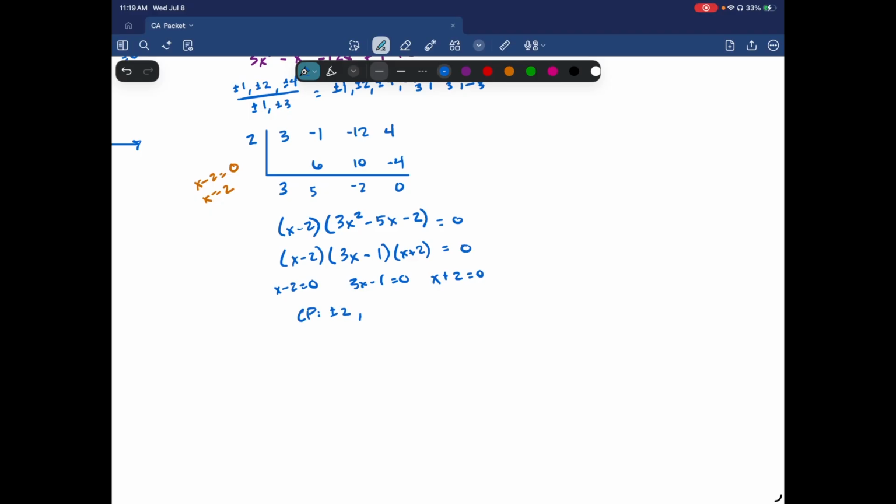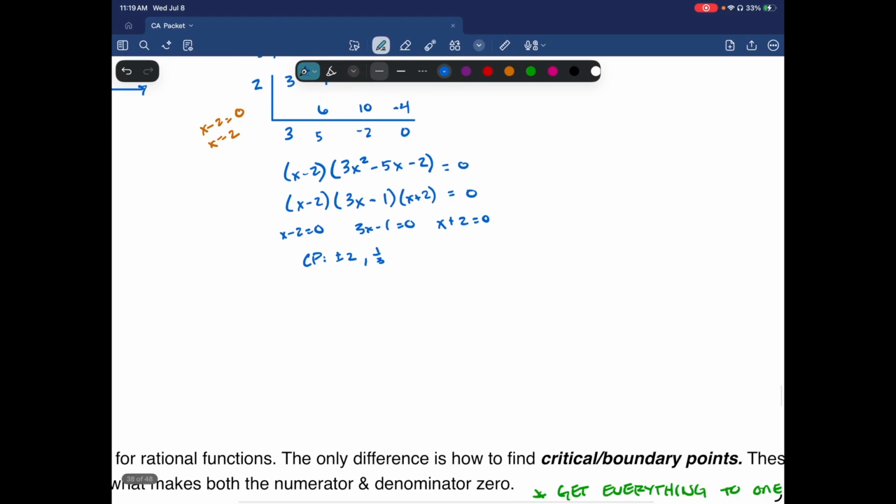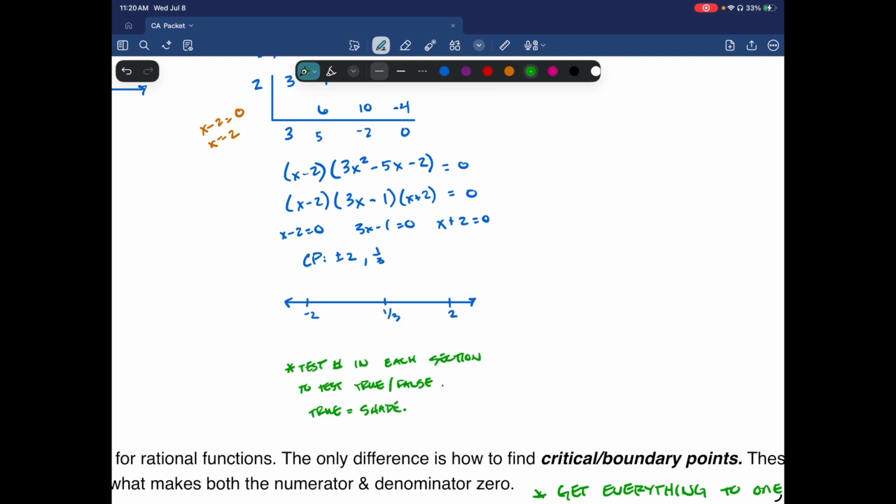Okay, so as I said before, because of the extra steps, it's not going to be as straightforward when I do my graph. So I got -2, I got 1/3, and I got 2. Here's what we need to do. We need to pick a number in each section.